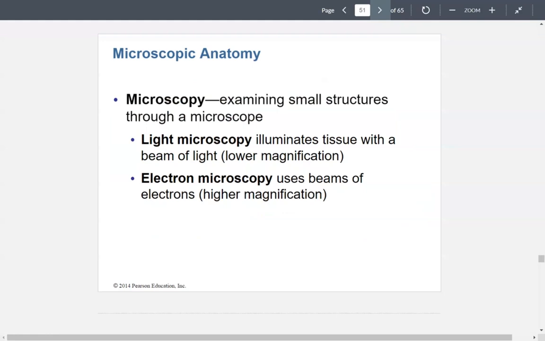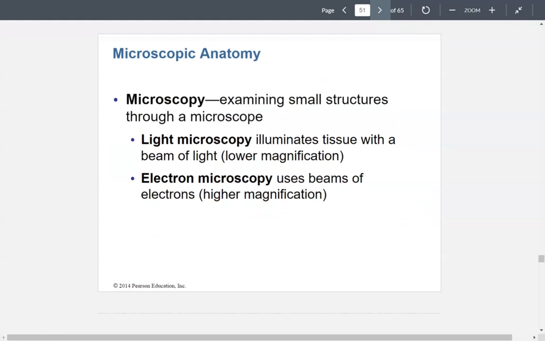Two different ways. The one you will use the most commonly, frequently, in any of your labs you do here in school, and if you work in a lab setting in a healthcare field or office, you're going to be doing light microscopy. It's the least expensive, most common, and gives you a ton of information.